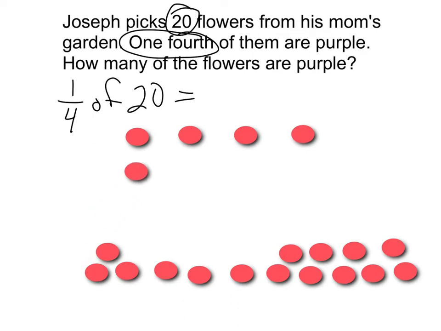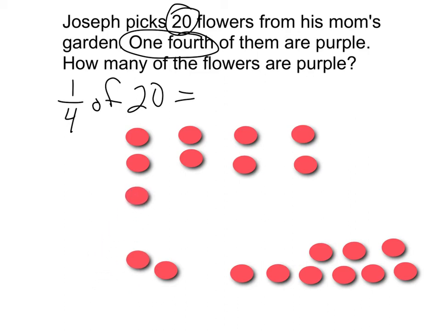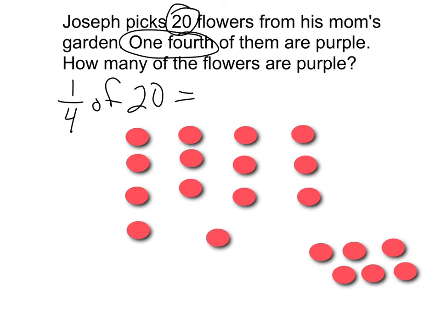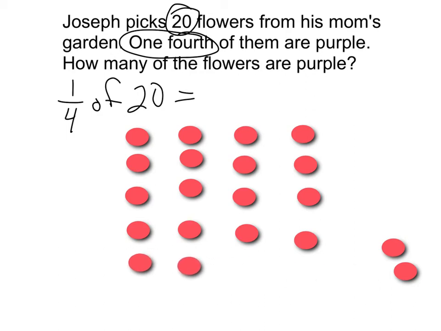Next, we will continue to draw as many rows of 4 counters as we can until we have 20 counters. Then we will circle 4 equal groups.